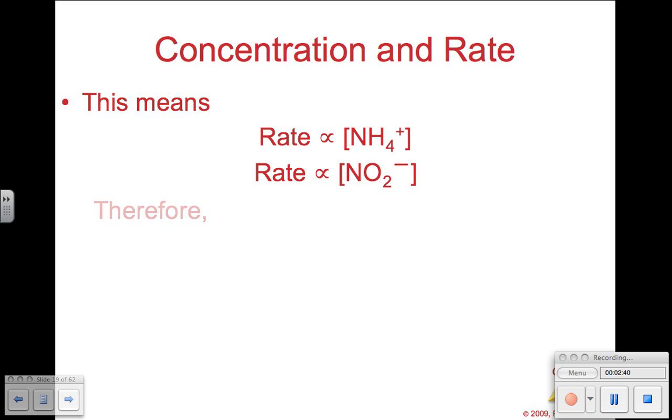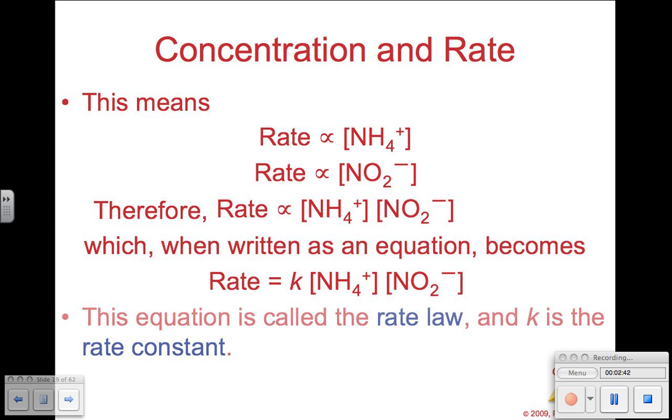So what this means is that the rate is proportional to the concentration of the ammonium. The rate is proportional to the concentration of the nitrite. Therefore, the rate is proportional to the concentration of the ammonium times the concentration of the nitrite. So if we wanted to write this out, the rate is equal to k, some constant, times the concentration of the two starting materials.